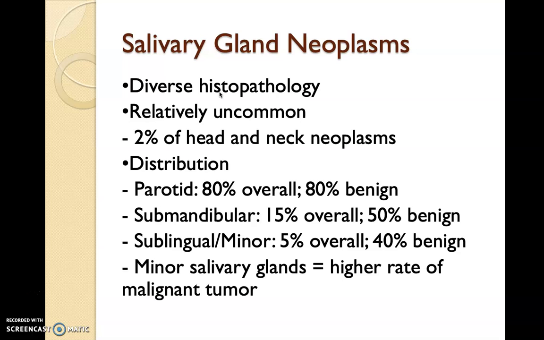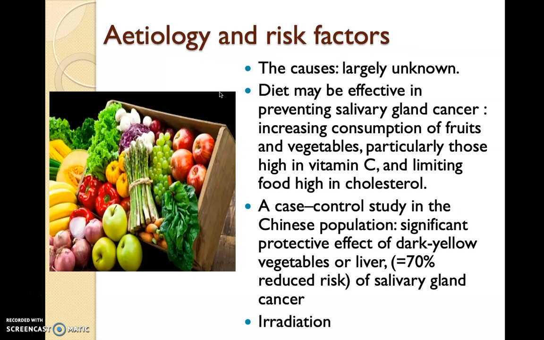The distribution mostly is in the parotid, okay, and fortunately it's benign. Submandibular is the second one, and then it's also benign. Sublingual, it's quite rare and it's benign, but it's more prone to have malignant tumor in minor salivary gland.